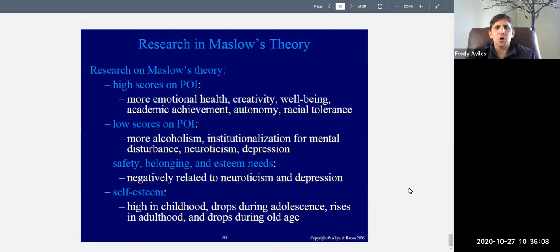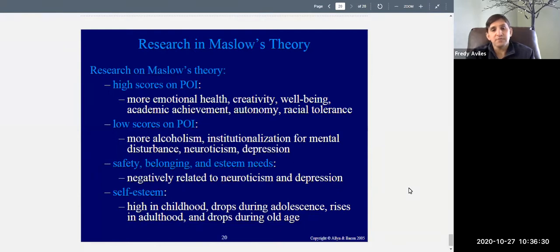Those who score low on the personal orientation inventory are more likely to be alcoholics, more likely to be institutionalized for mental disturbances, mental disorders, more likely to be neurotic, more likely to be depressed. Other research says that safety, belonging, and esteem needs are negatively related to neuroticism and depression.